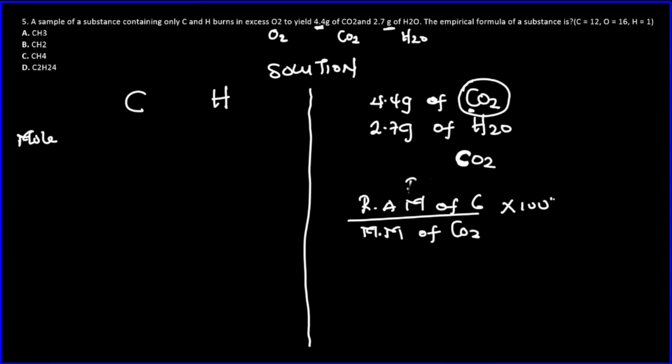This is how you find percentage by mass of an element in a compound. So percentage by mass of carbon in CO2 is the relative atomic mass of carbon divided by the molar mass of carbon dioxide, the compound, times 100.